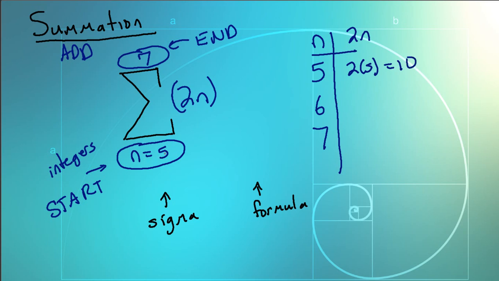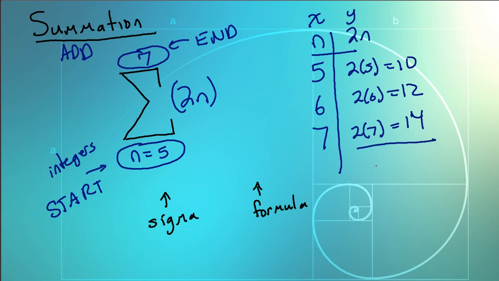Then 6 is 2 times 6, which is 12. And then 7 is 2 times 7, which is 14. You've done tables like this before, like maybe you called it X and Y. But the difference here is that we're going to add all these up. So we're going to sum these and get 36. So the answer to this is 36.